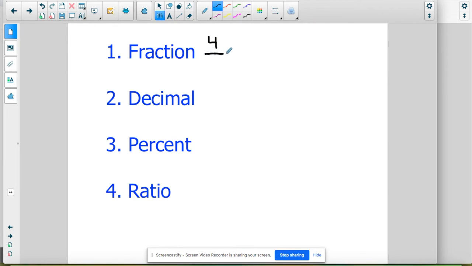Now, converting that to a decimal is difficult because it's a 12 on the bottom. So what you need to do is put it in simplest form. What are these numbers both divisible by? Well, they're both divisible by 4. 4 goes into 4 one time, and 4 goes into 12 3 times.